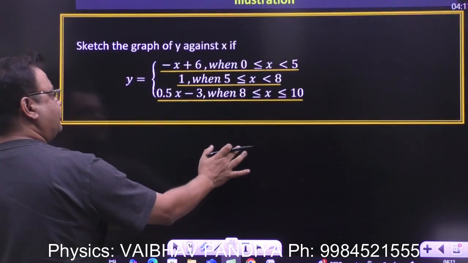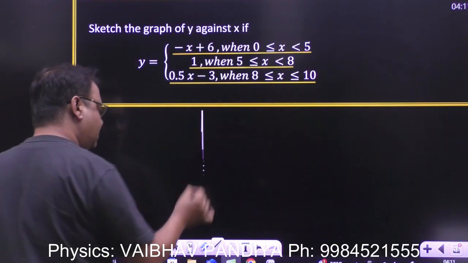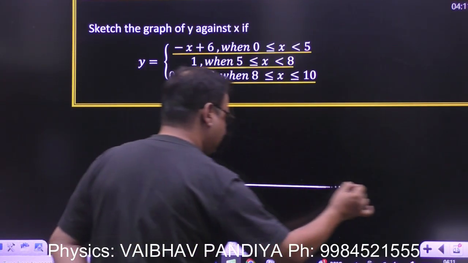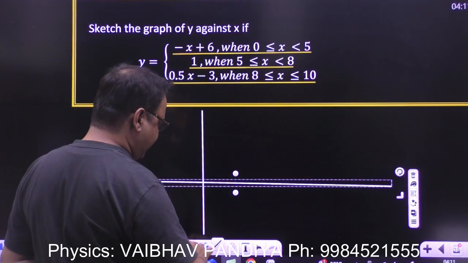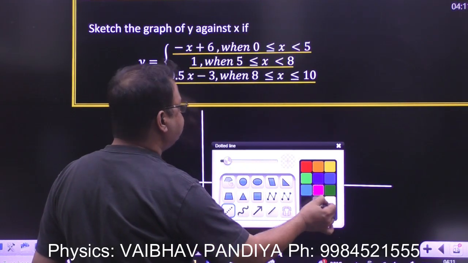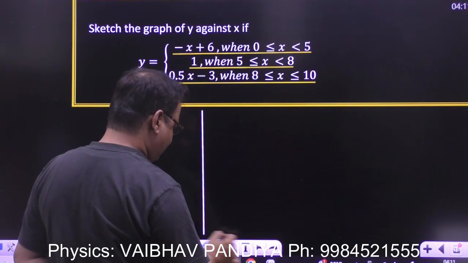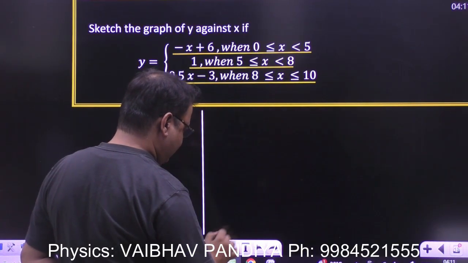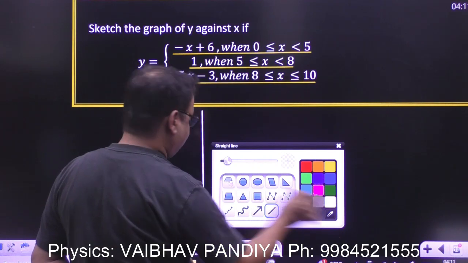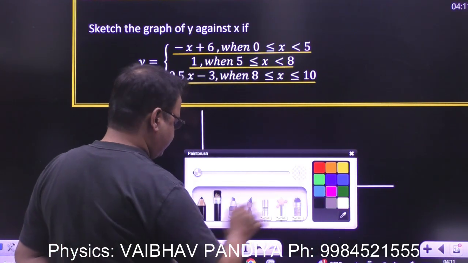So basically, first step, I will make the coordinate axis, and I will mark the endpoints where the behavior of the function is changing, and we are starting from 0. So I need not go too much left, because we are restricted to values of x greater than or equal to 0.